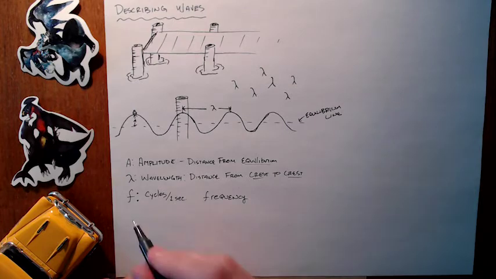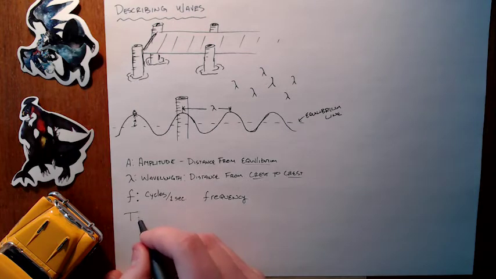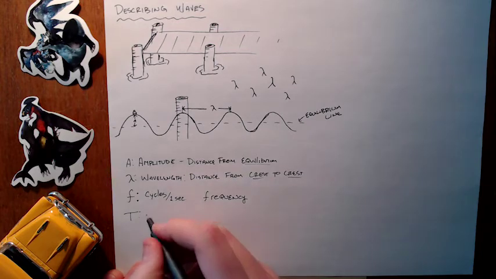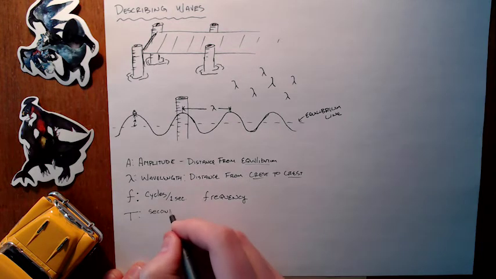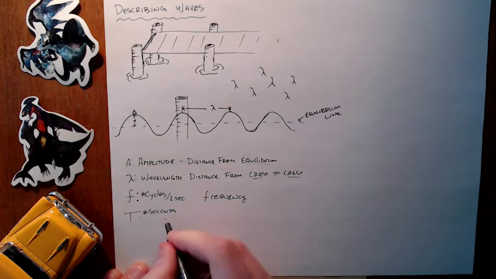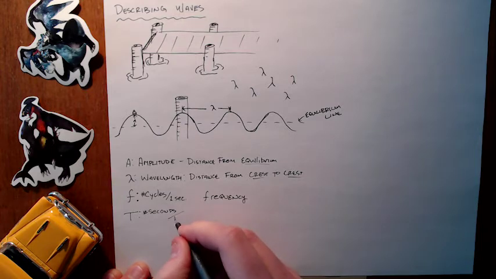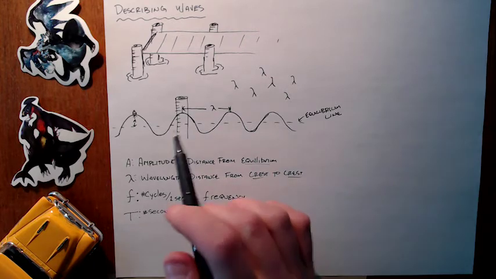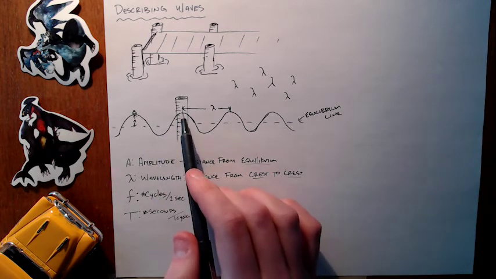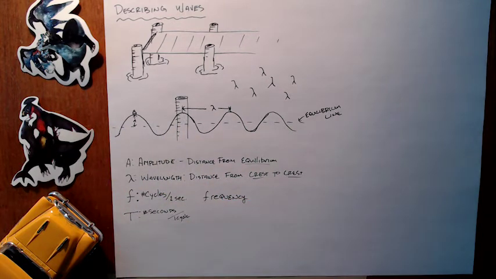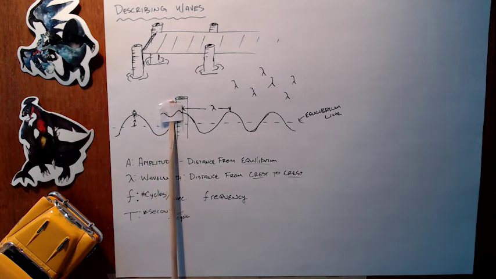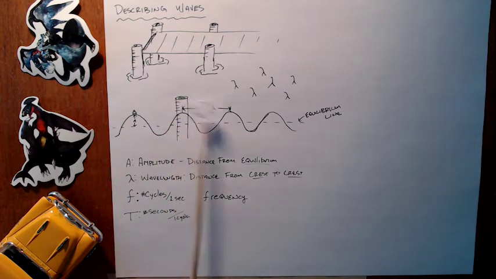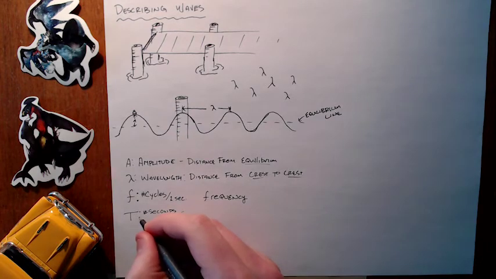Well, if we have frequency, we also have our period too, and that's going to be just the inverse of that. So the number of seconds over 1 cycle. How many seconds does it take for the wave to move from one crest to the next crest as it's moving by? So the amount of time that it takes for it to go from there to there. Okay, that is our period.